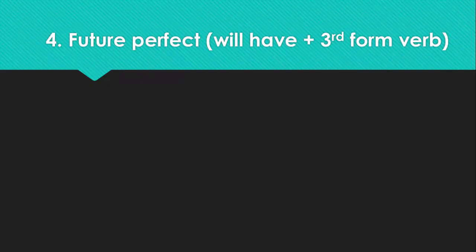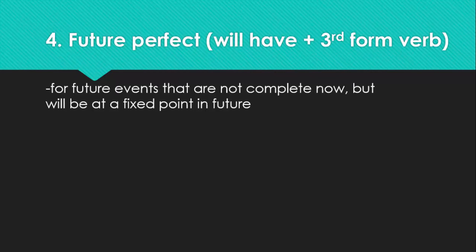The next tense is future perfect, which is will have plus the third form of the verb. So getting a bit more complex now. When do we use the future perfect? Well, we use it to talk about future events that are not complete now, but they will be at a fixed point in the future.